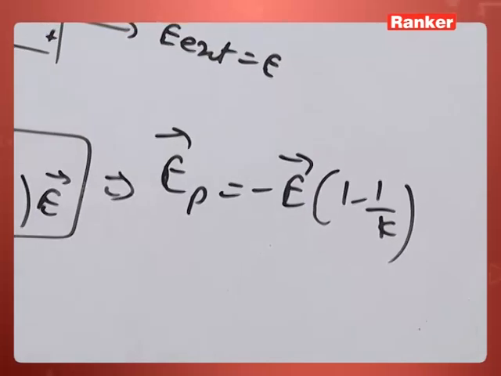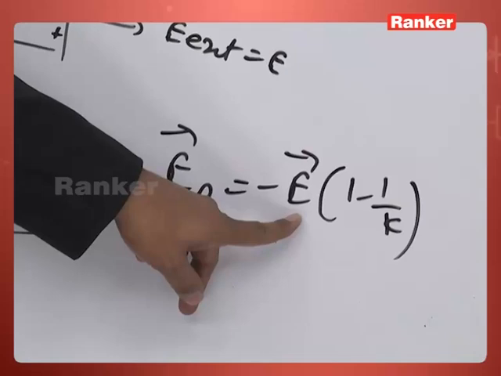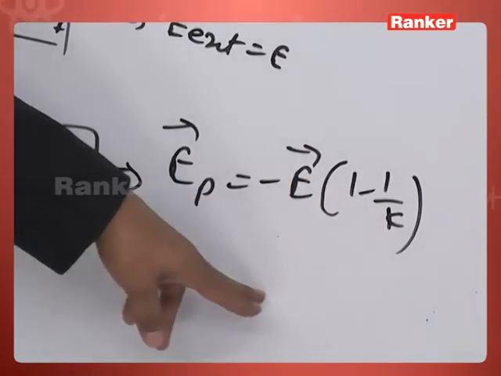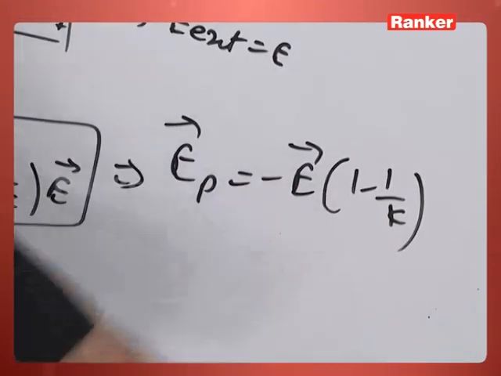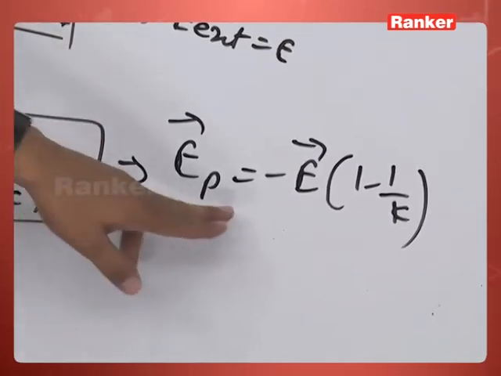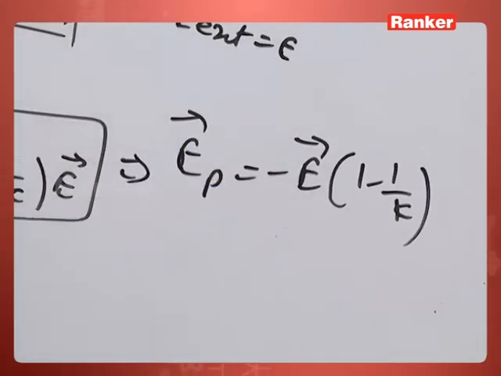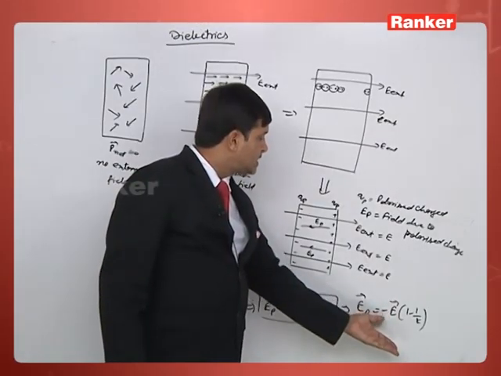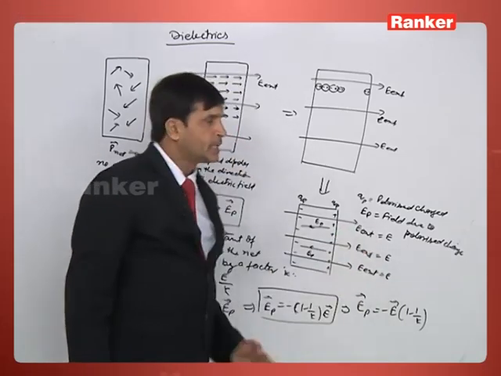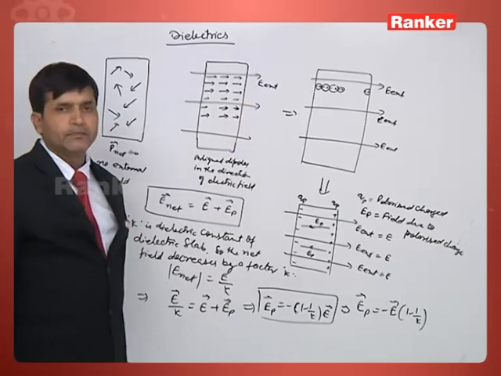It means the direction of the polarized field is opposite to the direction of the external field, and it is (1 minus 1 by K) times the external field. So this is the actual effect of the polarized field. The polarized field decreases the external field.